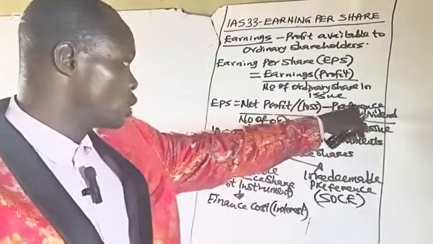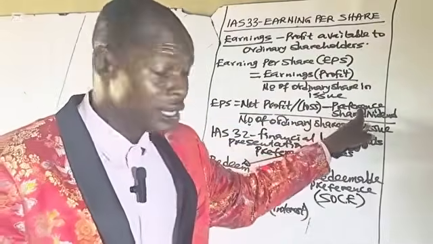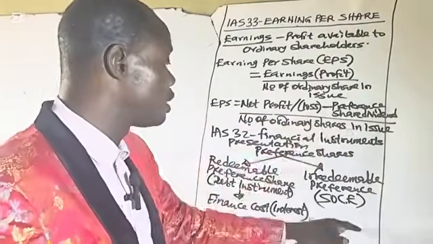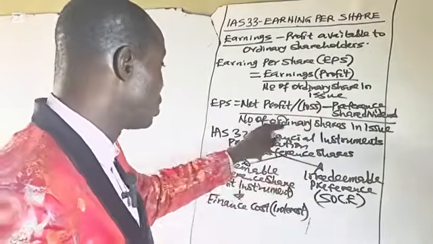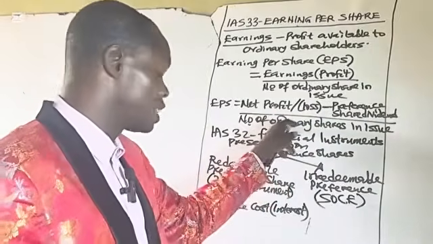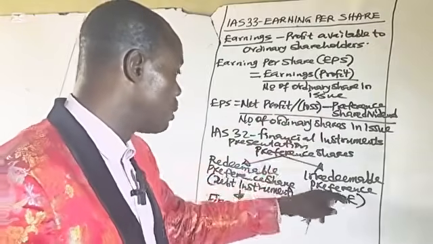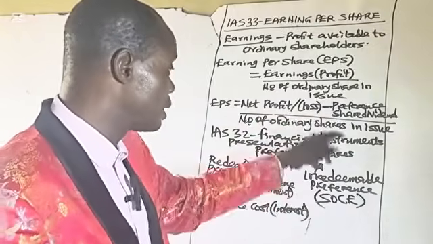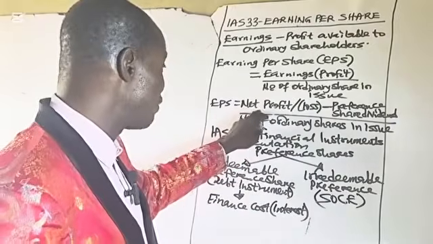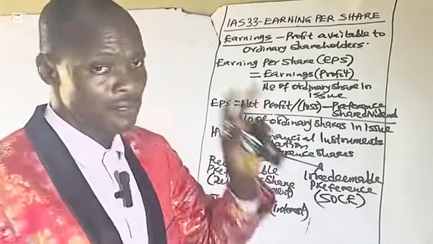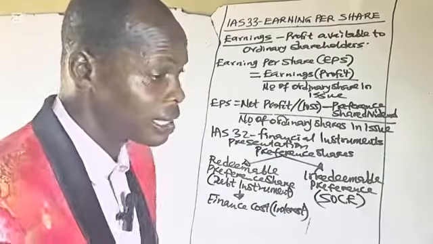So in that case, you will need to deduct it, because preference shares normally receive a preferential treatment, so it will not be treated as part of ordinary shares. That is why you need to deduct dividend due to irredeemable preference shares, which has not been deducted before arriving at the net profit or loss for the year. Please take note of that.